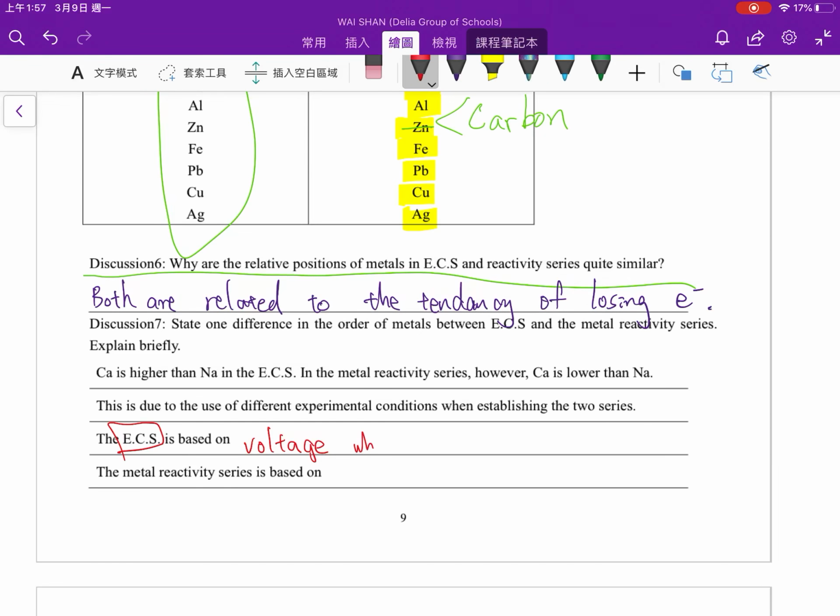obtained when the metal is used as electrode, okay, in the chemical cell. So E.C.S. is based on the voltage we measured when we use that metal to be the electrode, okay.